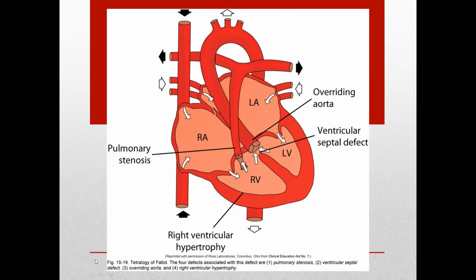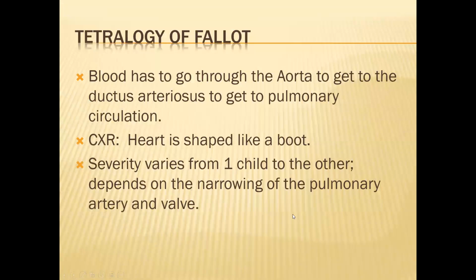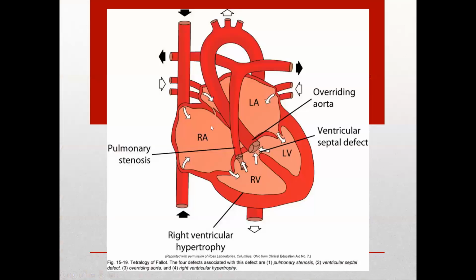Is tetralogy of Fallot... Oh, everybody knows. So here, the ductus arteriosus is handy because blood in the aorta can go through the ductus arteriosus to get to pulmonary circulation. Does that make sense?